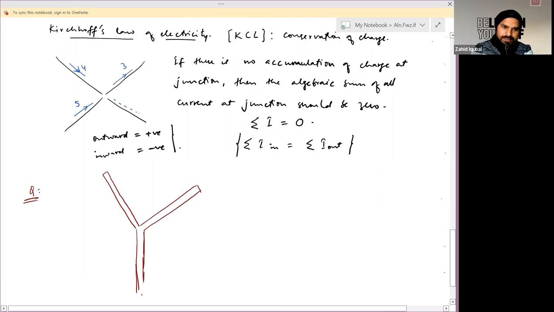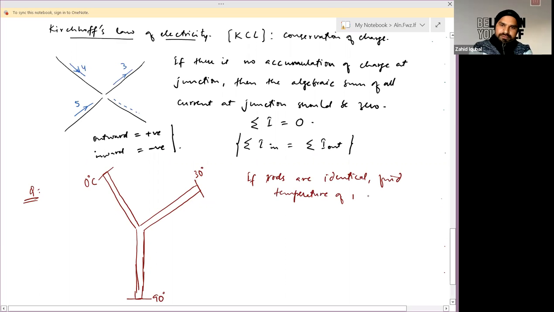If the rods are identical, let's say the temperature of this particular junction is 0 degrees Celsius, this junction is 30 degrees Celsius, and this junction is 90 degrees Celsius. If the rods are identical, find the temperature of the junction.